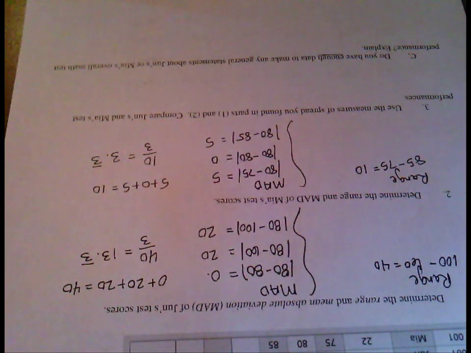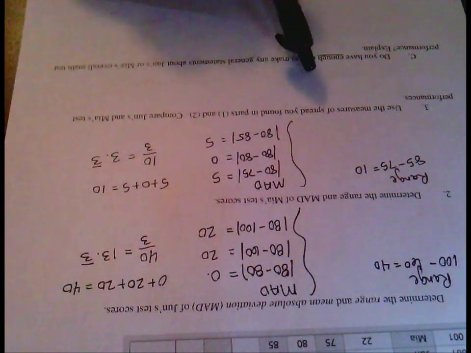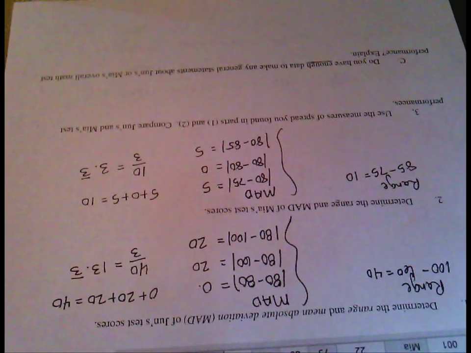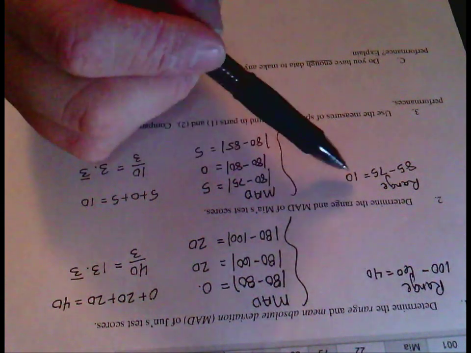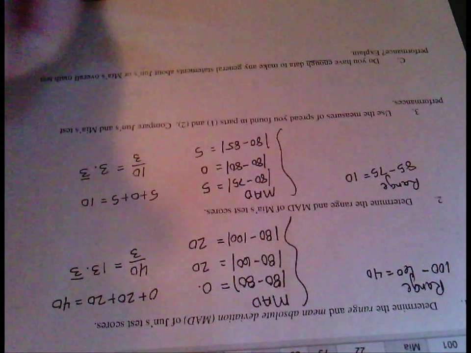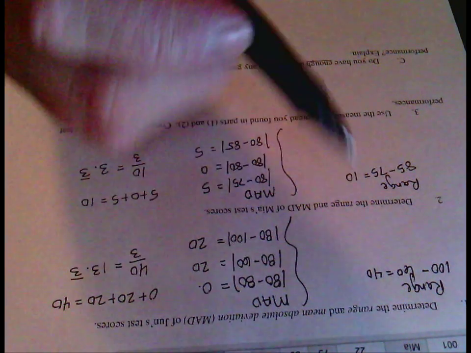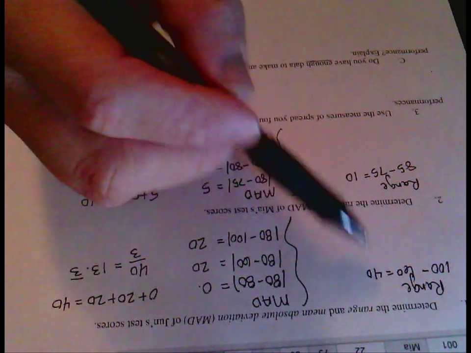So the question becomes, who did better? And so number 3 says, using the measures of spread you found in parts 1 and 2, compare June's and Mia's test performances. Well, knowing this, just looking at range, who would have a better sense of consistency? Well, Mia would. You would think that because the range is different.